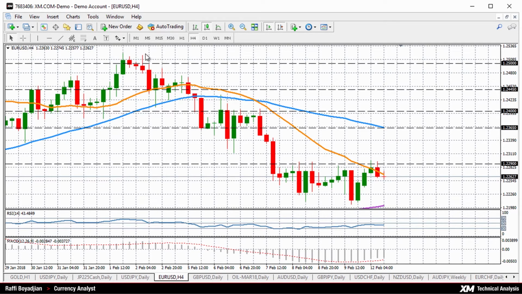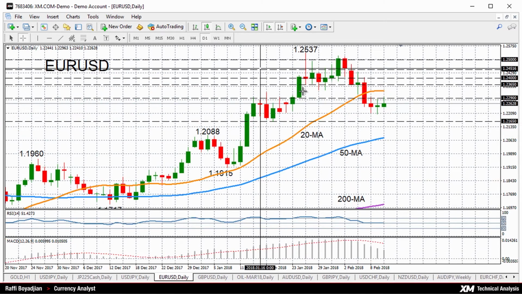Above that we have a series of other key resistance levels based on that congestion area we saw back in January. We've got the 1.24 handle and then the 1.2445 level before hitting the 1.25 level.